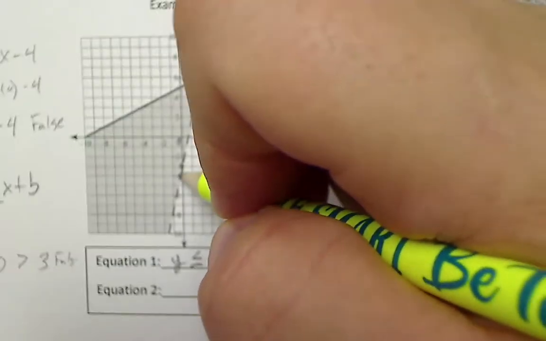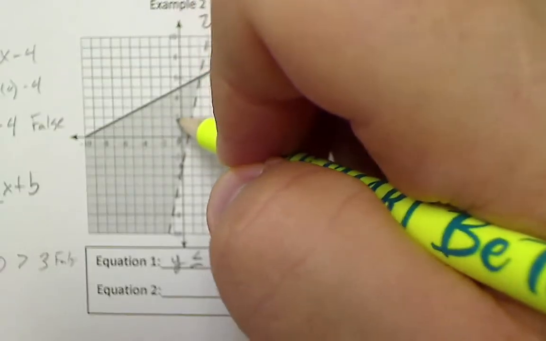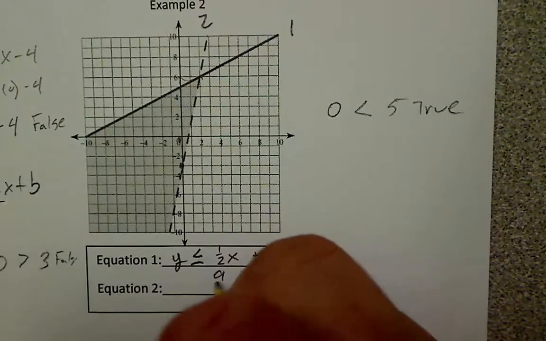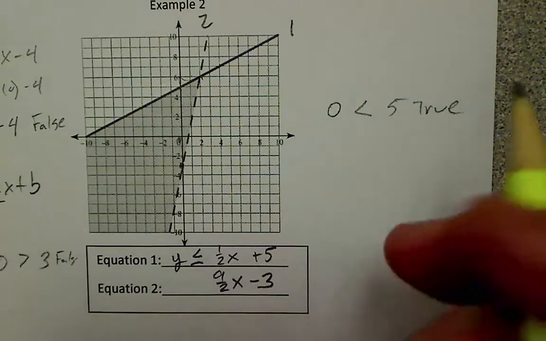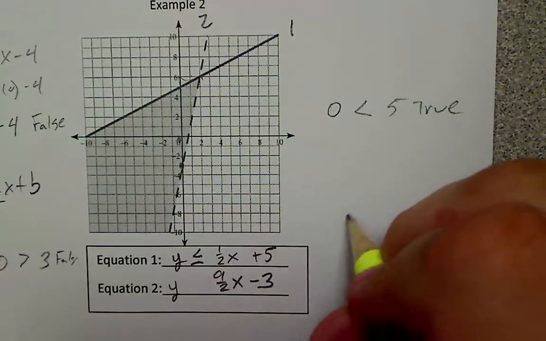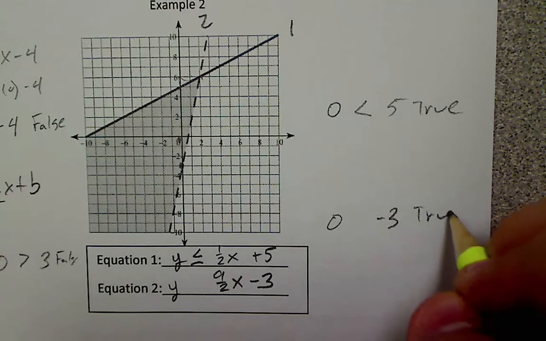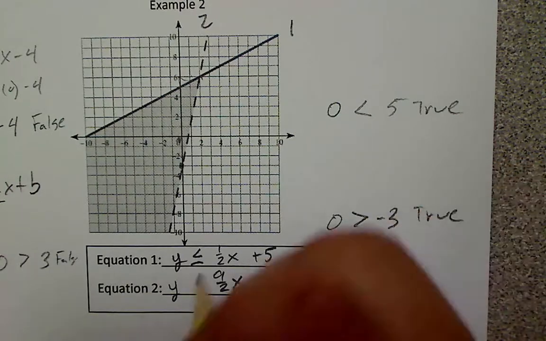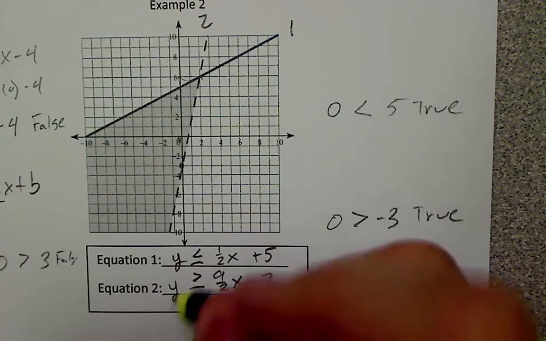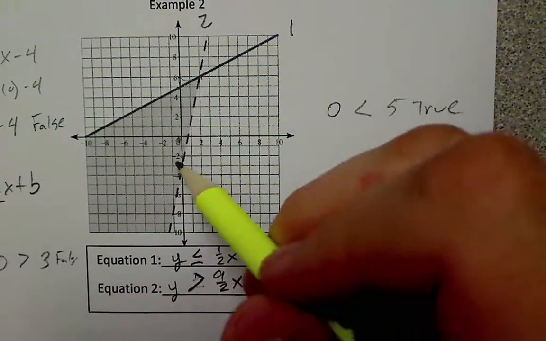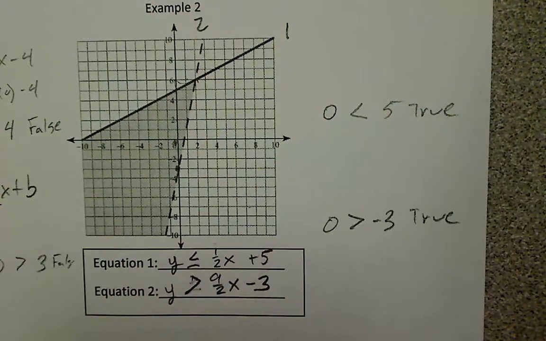Make sure I did that right. 1, 2, 3, 4, 5, 6, 7, 8, 9 over 2. Yep, it's 9 over 2 x, y. And again, I want to make this true for -3. So that would have to be that it's greater than. So greater than or, nope, just greater than in this case, because it is a dotted line this way.